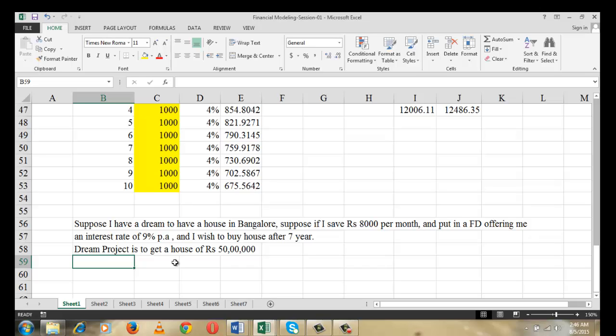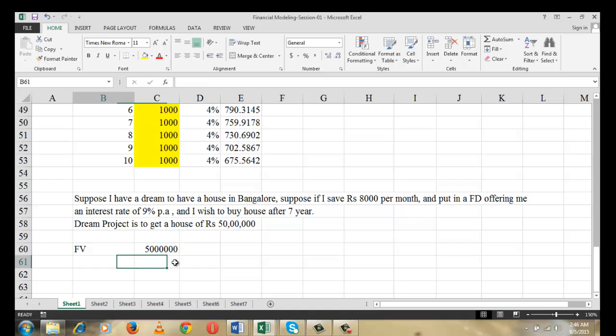Is this possible or not? The FV I'm looking for is 50 lakh. Just assume, I'm writing a dummy figure, it doesn't matter.